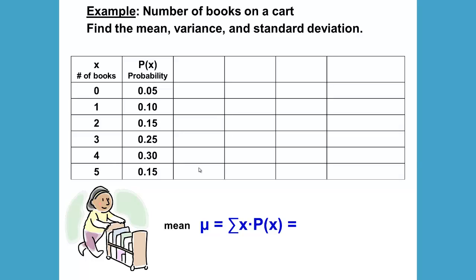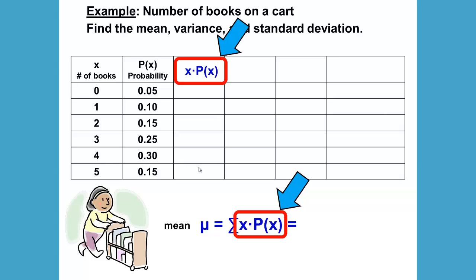After multiplying, and again that's our first step, the x times p of x, we will label that and write that in our third column.